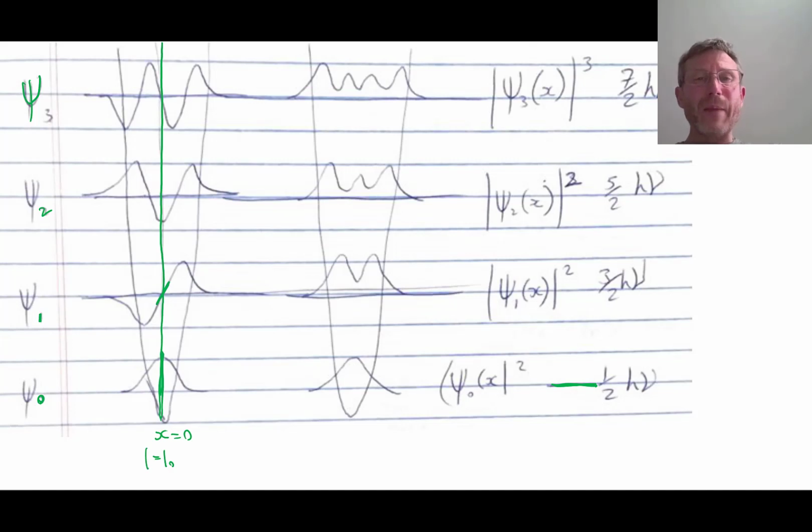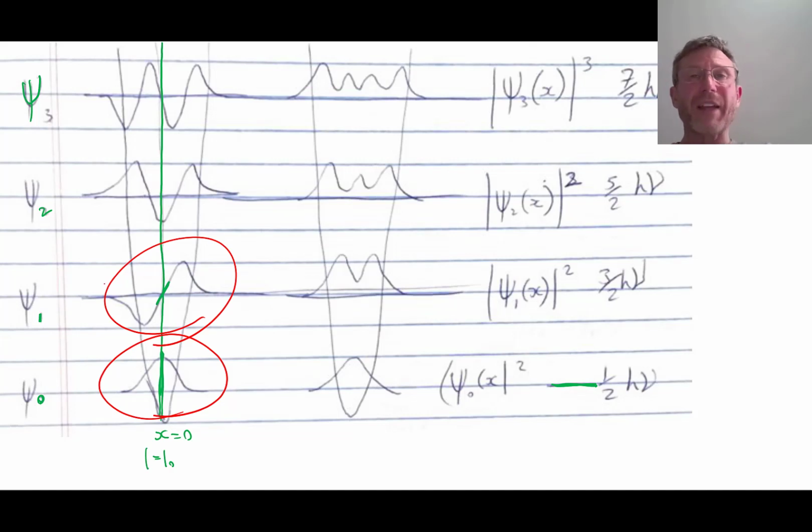Another important thing to remember about all of these functions is that they are orthonormal. So they're orthogonal. That means that if you integrate psi 0 multiplied by psi 1 over all space, the result ends up being 0. And of course, they can be normalized.